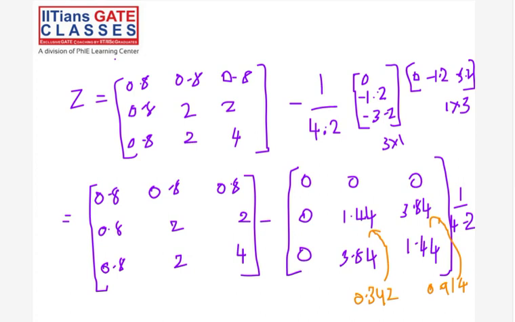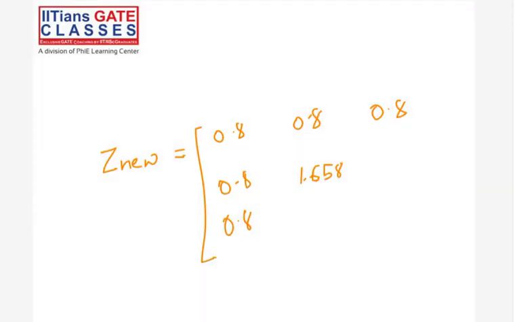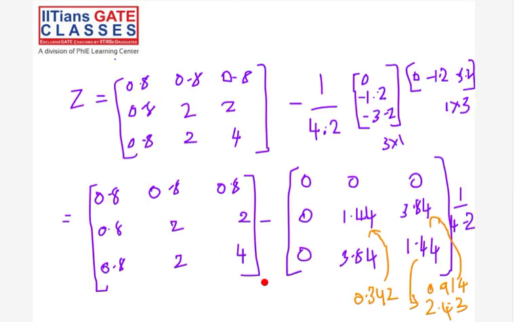Again, I have to divide it by 4.2, and if I subtract that, that is 2.43. And if I subtract that from 4, it is 1.56. And if I subtract 2 minus 3.84, okay.